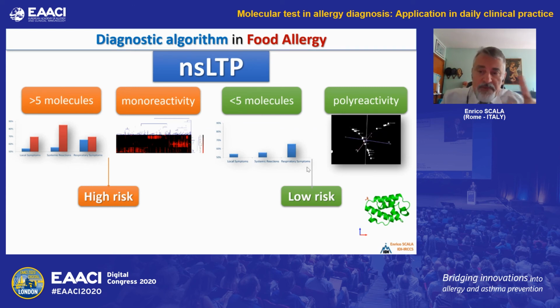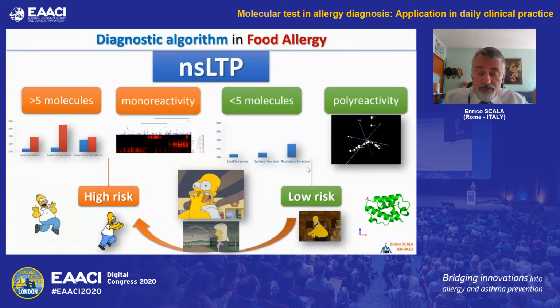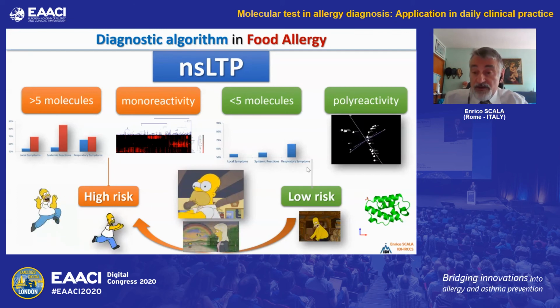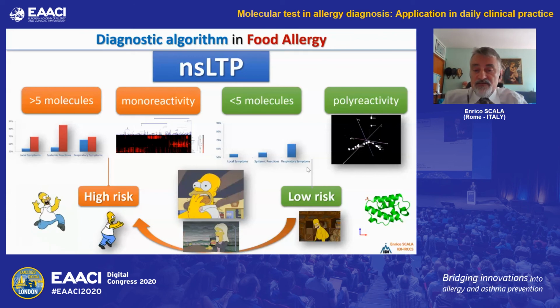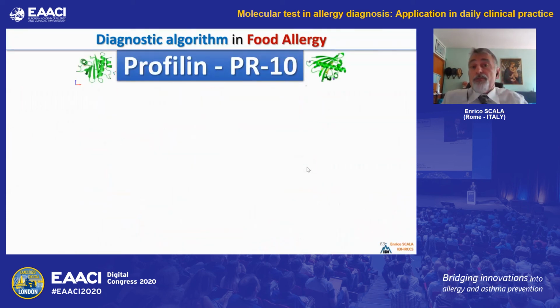But be careful, because in the presence of several important factors that you know very well, exercise after food ingestion or painkiller intake or alcohol consumption, you are in these cases in the field of high risk to develop systemic reaction to food. Therefore, profilin and PR10 reactivity, labile molecules that are totally destroyed after cooking, are quite a safe sensitization.